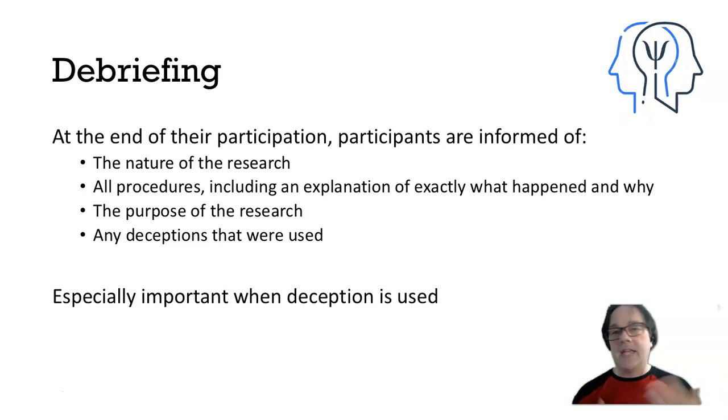So what typically happens during debriefing? Well, you inform the participant, you give them a better, more detailed explanation of the study that they just participated in. So during informed consent, you don't want to let the participant know exactly what it is you're testing. You don't want them to know what your hypothesis is, because that might influence how they respond. That might influence your results that you get.